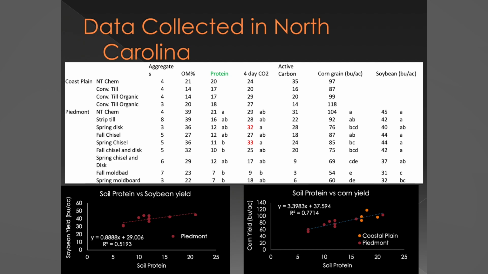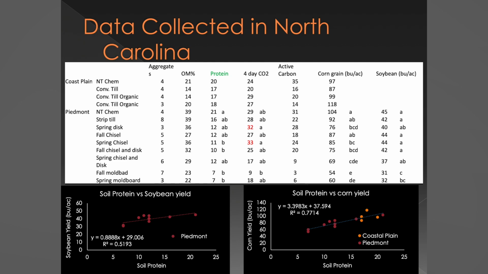And so we just look at this soil protein versus soybean yield, and what you'll see is there's not much of a relationship, an R squared of about 0.5, but then on the corn you have a relationship across both locations with an R squared about 0.77, and that's pretty good. And so what we're seeing is that protein value is related to the historic corn yield, and most likely because those soil systems with high protein at this point in time are related to systems with elevated nitrogen in them over that period of 20 to 30 years.